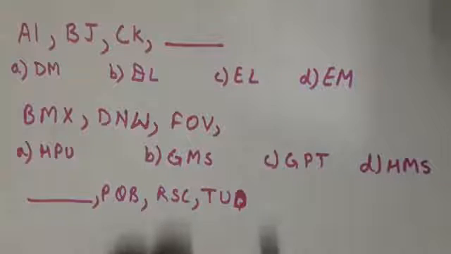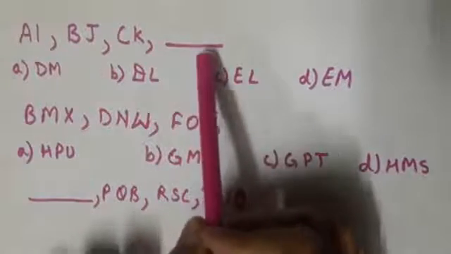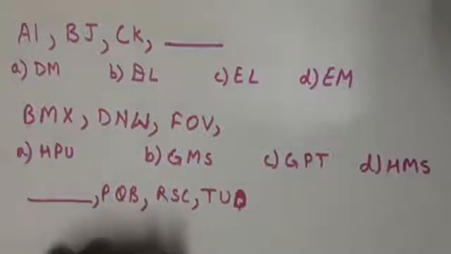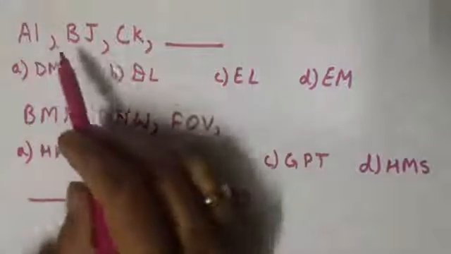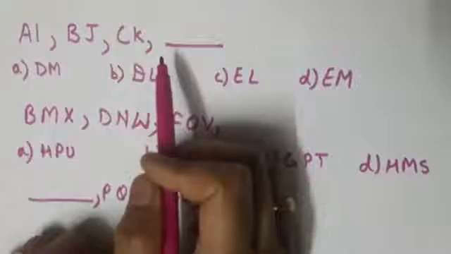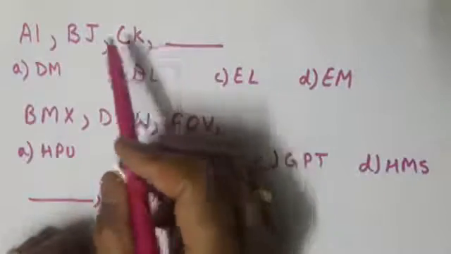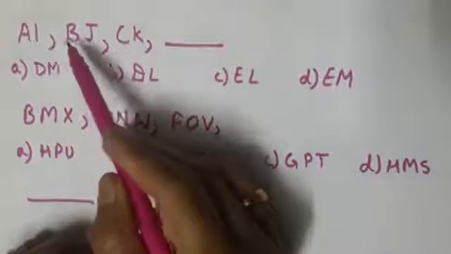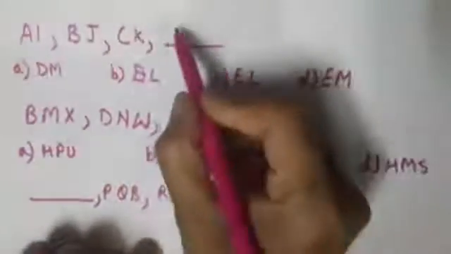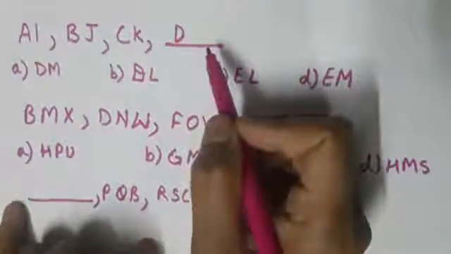Now, let's discuss a few more examples, which are the advanced ones: AI, BJ, CK and dash. Here you will see that there are two letters in this series. Basically two letters are given: A I, B J, C K. The first letters are A, B, C, so next will be D. First letter series is complete.